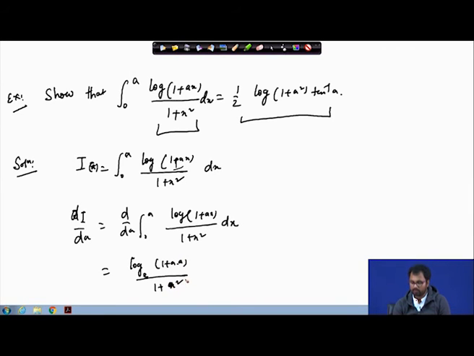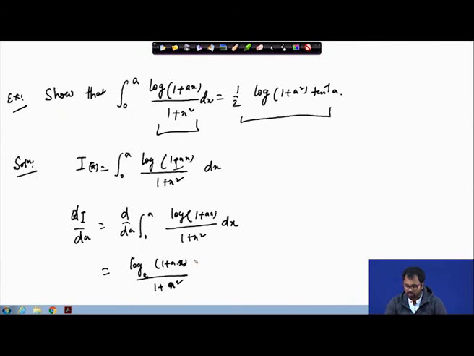And instead of a, we are substituting again a times the upper limit as x.